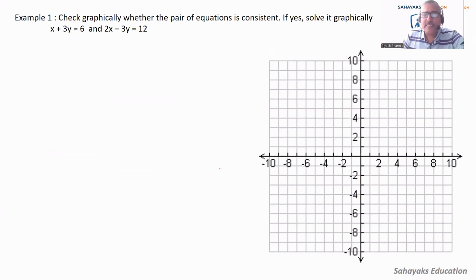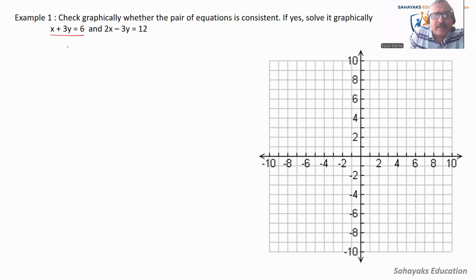Now coming to a question here, which says check graphically whether the pair of equations is consistent. We want to find out whether this pair is consistent. If yes, then we have to solve it graphically. To make a graph, you have learned in previous classes how to do it. So let's take this equation, x plus 3y is equal to 6.